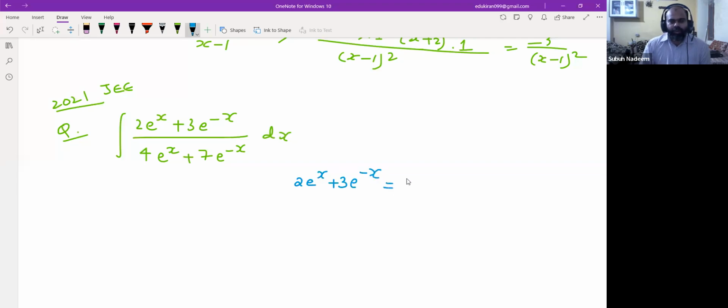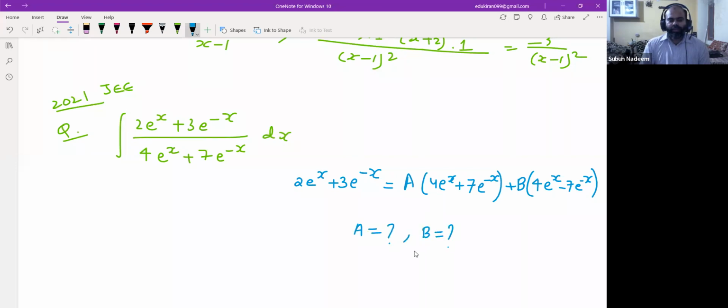So you equate it to constant a into denominator plus constant b into the derivative of denominator. The derivative of the denominator will be 4e to the power x minus 7e to the power minus x when you differentiate the denominator. Now your purpose is to find a and b. And when you find a and b, then you can proceed.